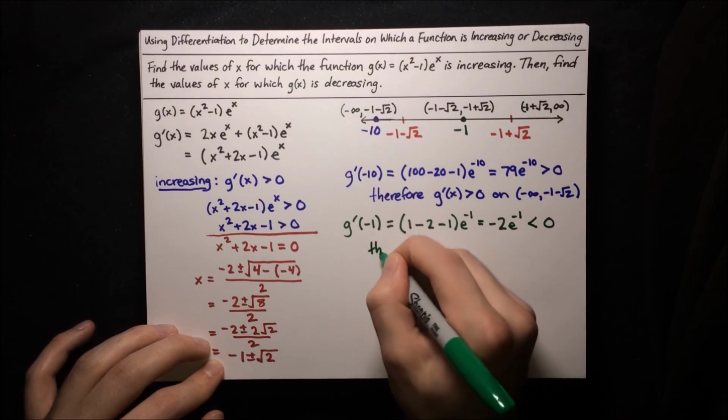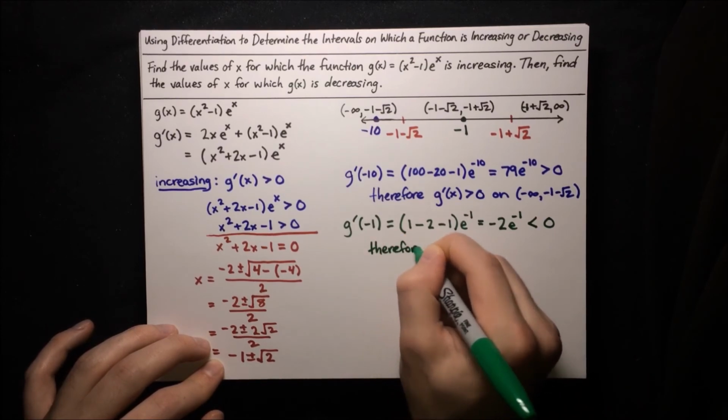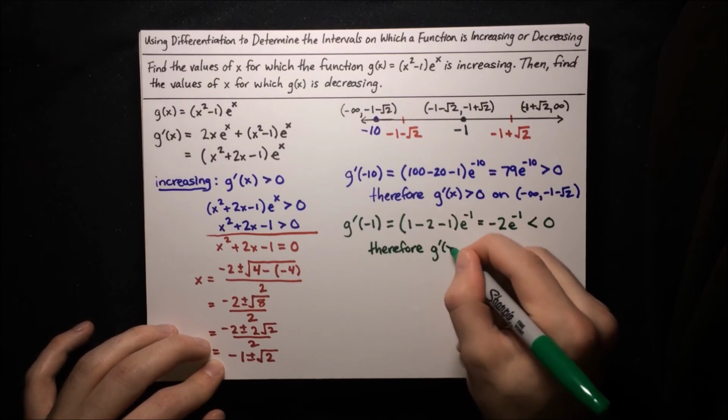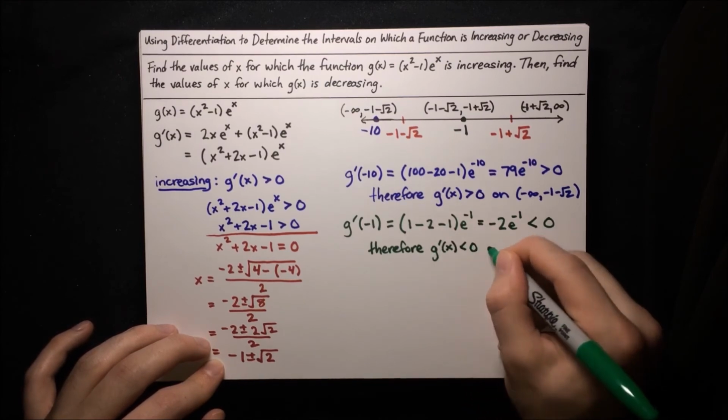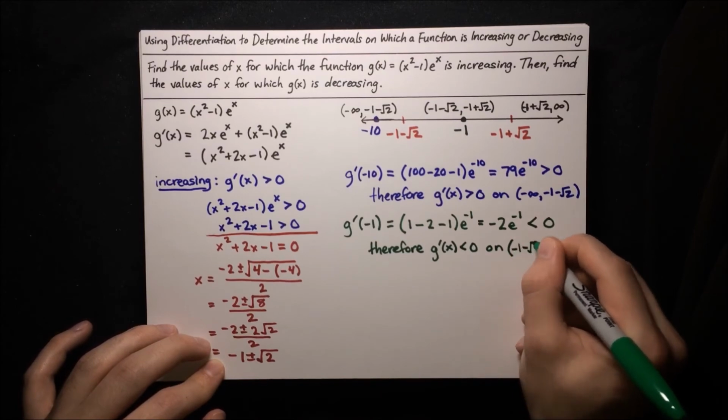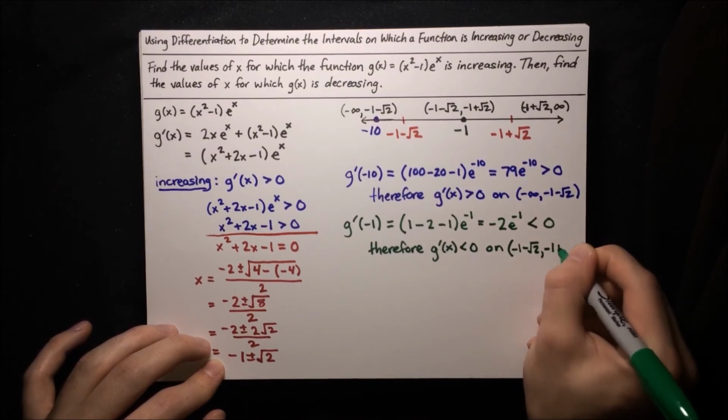Therefore, this result applies to the entire interval, so g prime of x is less than 0 on the interval from negative 1 minus root 2 to negative 1 plus root 2.